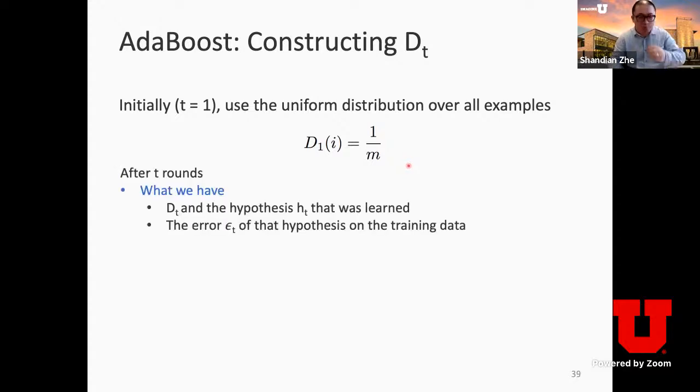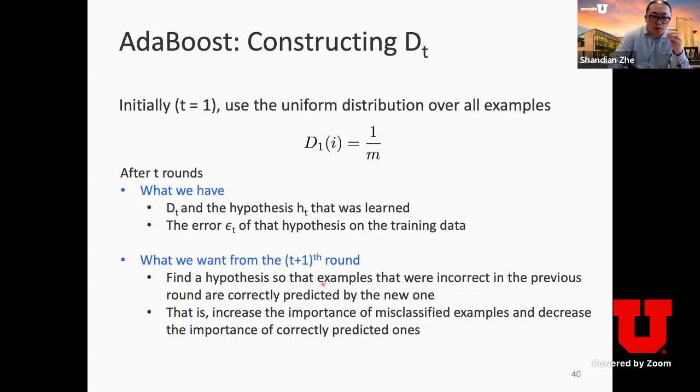After t rounds, we will have Dt and the hypothesis ht that was learned. We can also calculate the weighted error, epsilon t, of the learned hypothesis on the training examples.